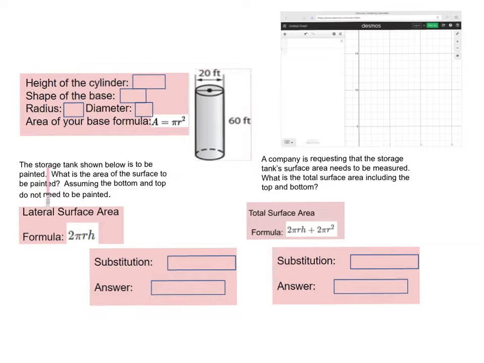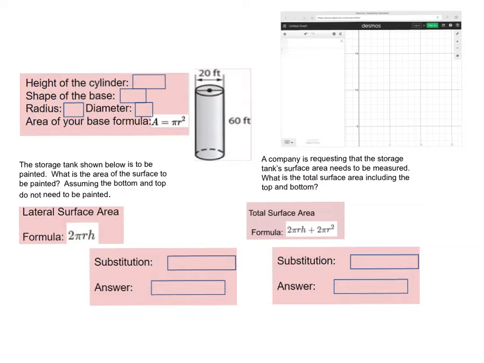We have the storage tank shown below, which is to be painted. What is the area of the surface to be painted, assuming the bottom and top do not need to be painted? So what we're talking about is just the outside part of this cylinder, and we're not going to be painting the top and the bottom.